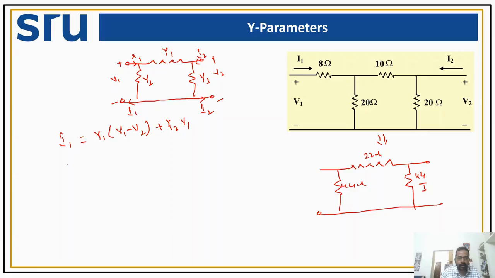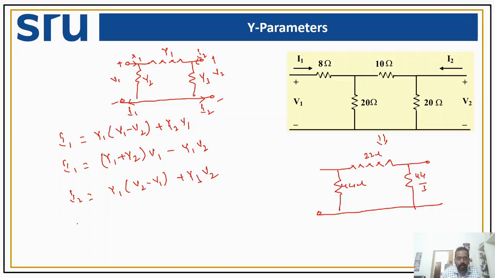So if you try to rearrange, we get I1 is equal to Y1 plus Y2 into V1 minus Y1 into V2. And if you try to apply nodal analysis at node 2, we write I2 equal to Y1 into V2 minus V1 plus Y3 into V2.